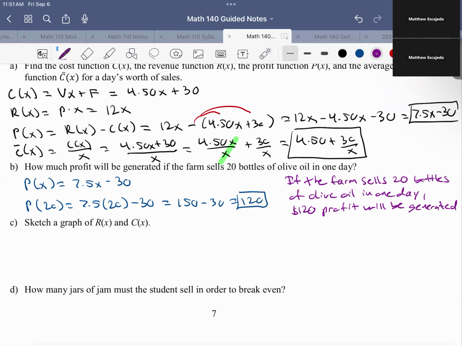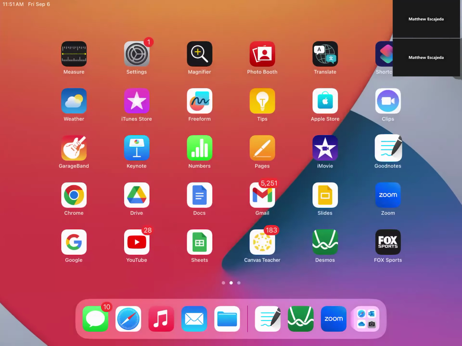Okay, let's move on to the next one. Sketch a graph of the revenue function and the cost function. So what we're going to do is use Desmos and check it out. Let me jump to Desmos, and we're going to graph our revenue and cost function.